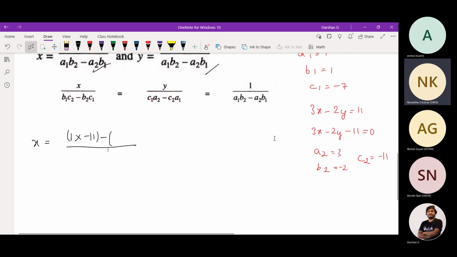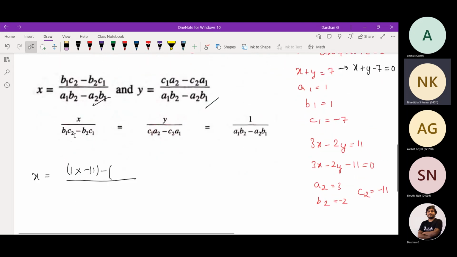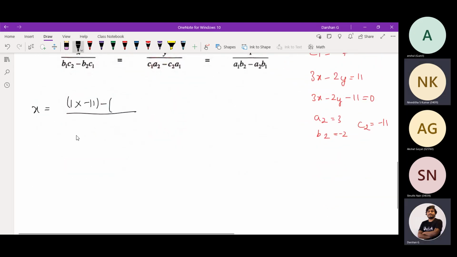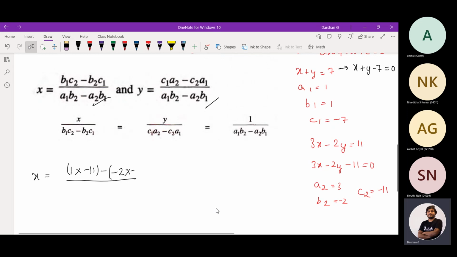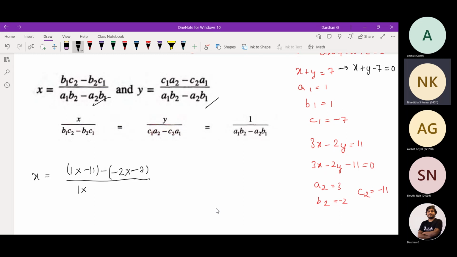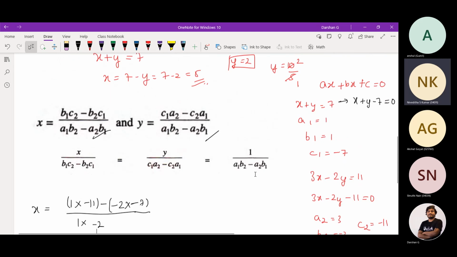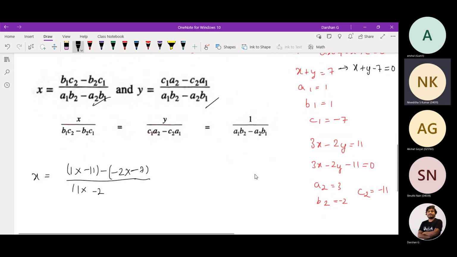Okay. So minus 2 into... C1's value is 7, I think, right? Yeah, c1 is minus 7. Yeah, minus 7. And divided by the next one, which is 1 into minus 2, and 3 into 1.